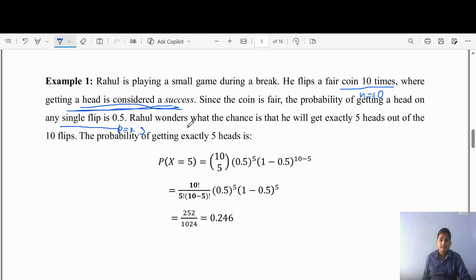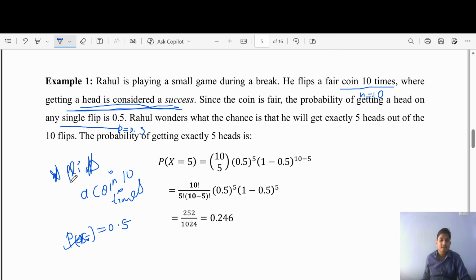Rahul wonders what the chance is that he will get exactly 5 heads out of the 10 flips. So what is the probability that he gets exactly 5 heads when 10 flips happen? Rahul flips a coin 10 times, and the probability of getting a head is P equals 0.5.